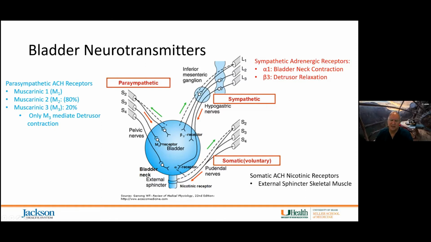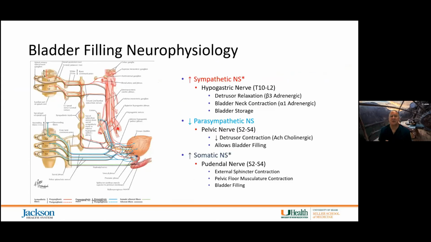This provides voluntary control over the external sphincter, which is a skeletal muscle, so under normal circumstances you have voluntary control over that. You don't necessarily have control, although you can contribute to bladder evacuation through a Valsalva type of maneuver as you talk about emptying. First, let's talk about bladder filling.